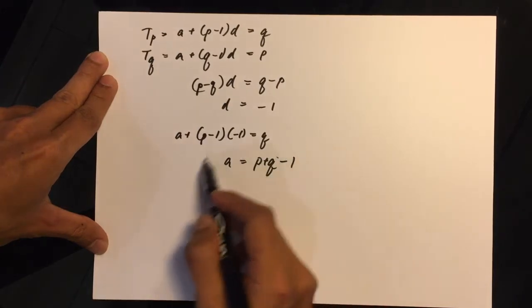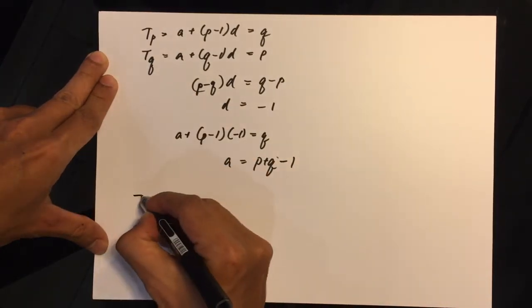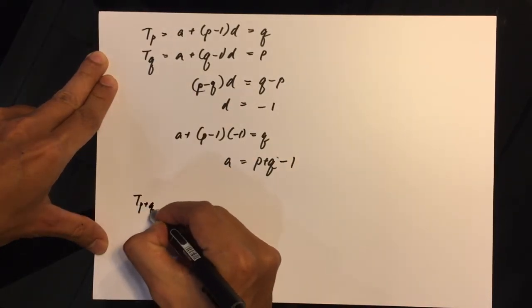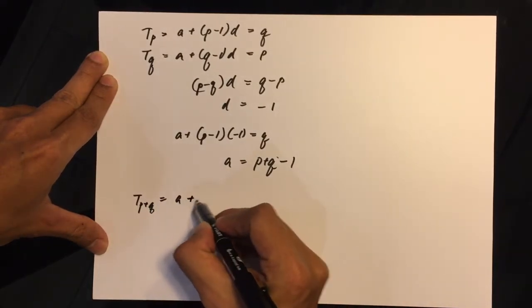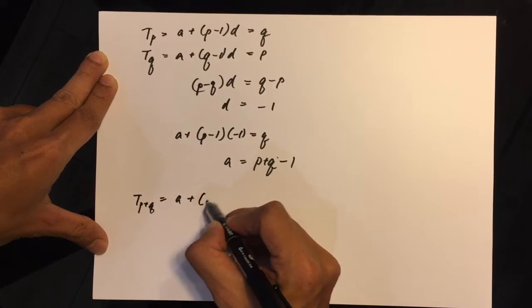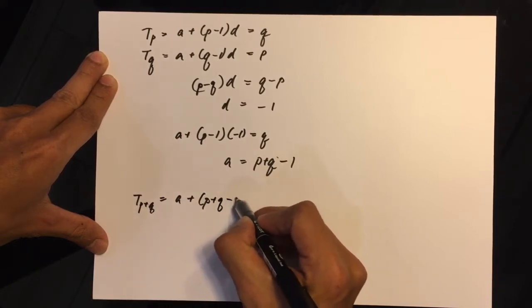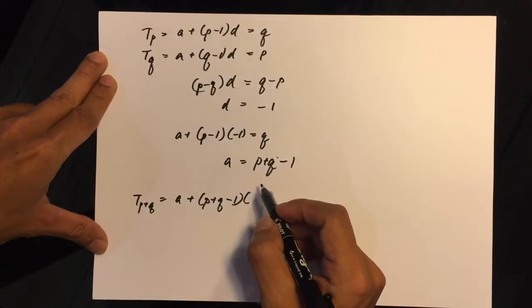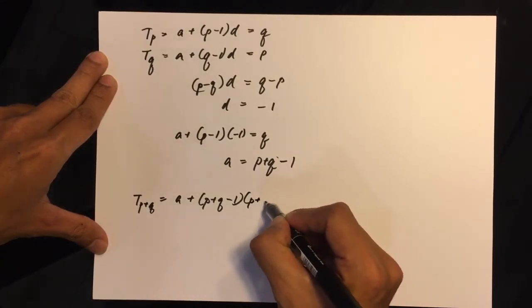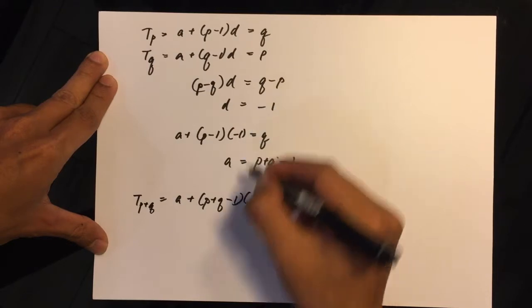Right? So if you substitute all of that into your problem statement, the question is, what is the p plus q term? That would be a plus p plus q minus 1 into p plus, sorry, hang on.